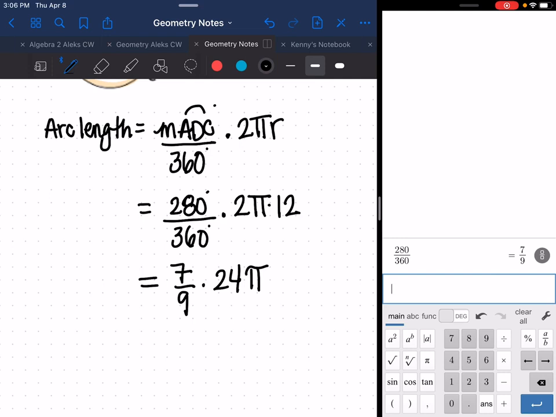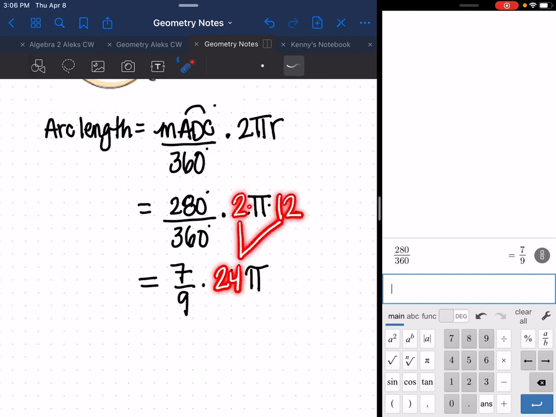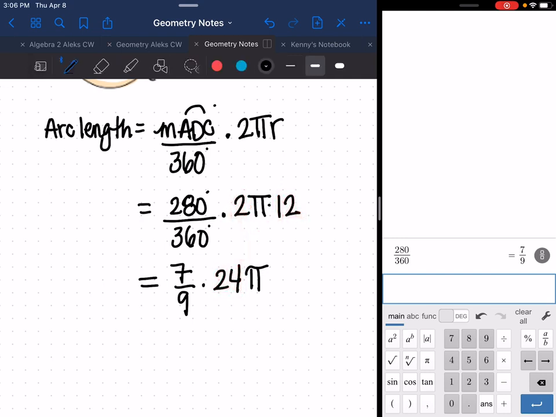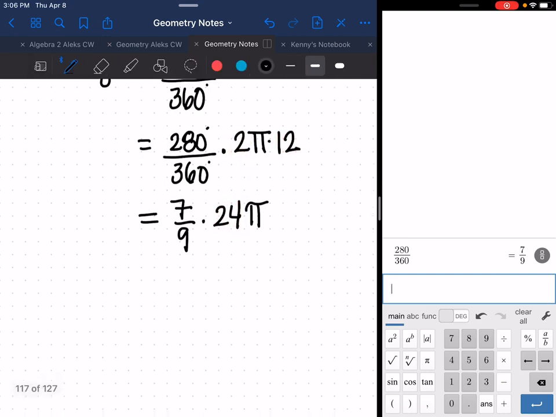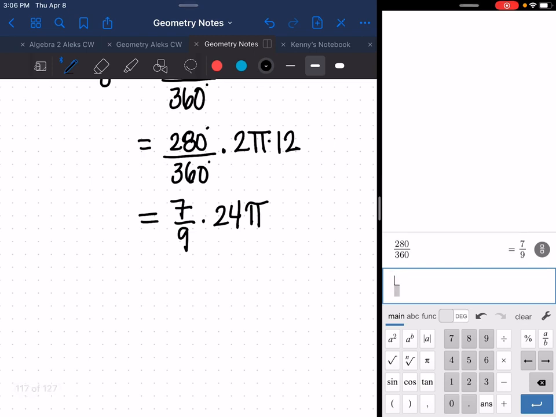Okay, so once again, I got the 24 from 2 times 12, because remember, we're leaving pi just like it was a variable. So I'm going to go ahead and do 7 over 9 times 24. I'm not multiplying by pi. I'm going to change that into a fraction. 56 over 3 pi, and my units were feet.